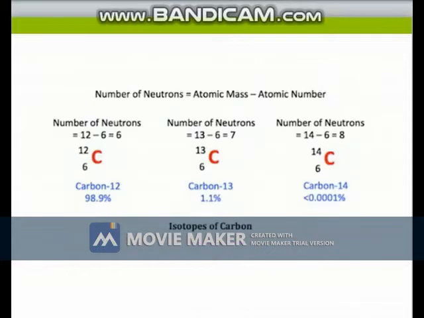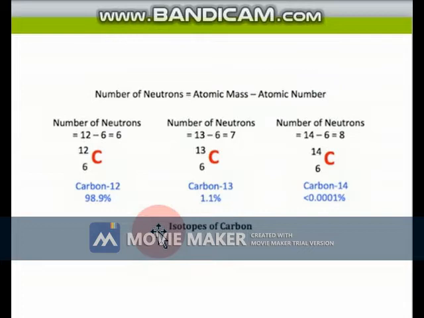Let's come to another one which has to do with isotopes again. We come back to isotopes of carbon. When you look at carbon, the number of neutrons should be equal to the mass number minus the atomic number.